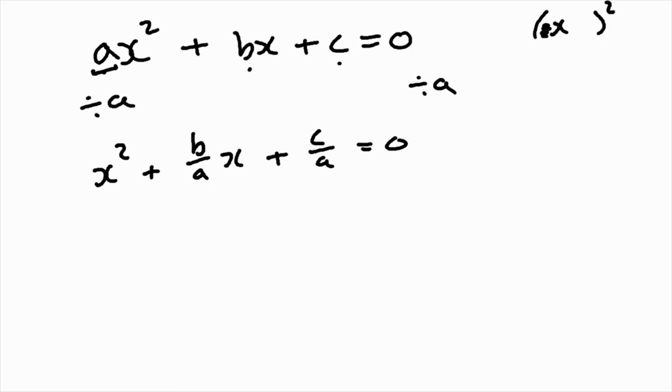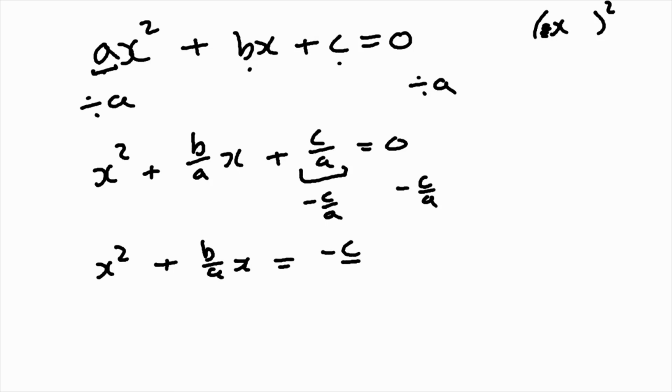Now, our next step is we're going to just get rid of this c over a. So we're going to subtract c over a from both sides. x squared plus b over a x equals minus c over a. Now we can complete the square on the left-hand side.